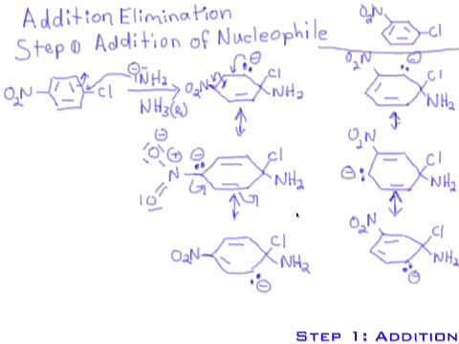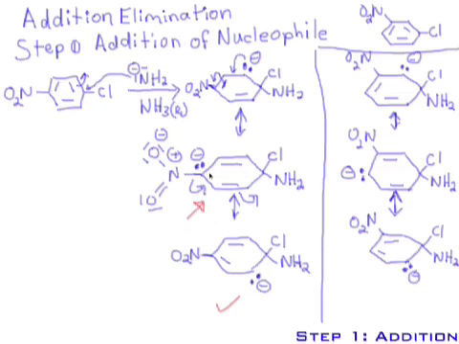Why would the para carbanion, that is when the nitro group is para, that is this one, why is it more stable? Well, it turns out that this structure right here has some special stabilizing factors.